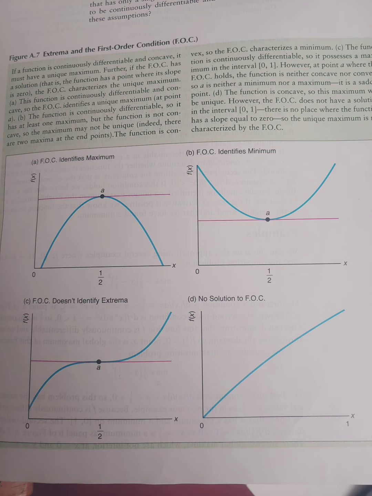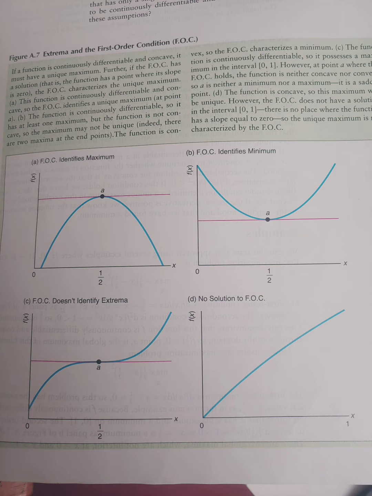And the text reads, in panel A, the maximum point A occurs at x equals 0.5, which lies in the interior of the interval (0,1). In panel B, the maximum at A is at the corner, not in the interior of the domain.